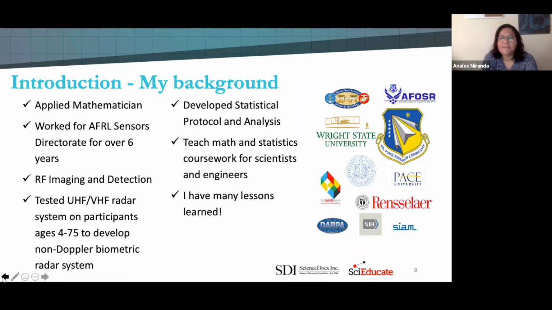I tested a UHF-VHF radar system on participants ages 4 through 75 to develop a non-Doppler biometric radar system. Okay, so that was kind of a groundbreaking thing. Nobody had ever done this before. And I developed the statistical protocol myself and designed the analysis. In recent years, I've been teaching math and statistics coursework for scientists and engineers, and I just wanted to share some of those lessons learned with you.